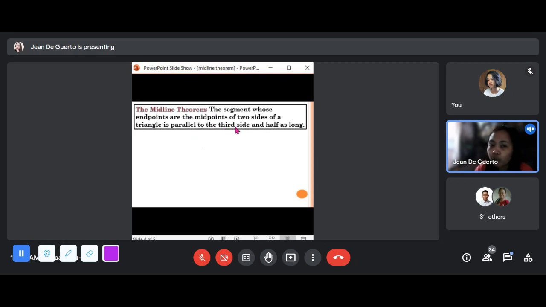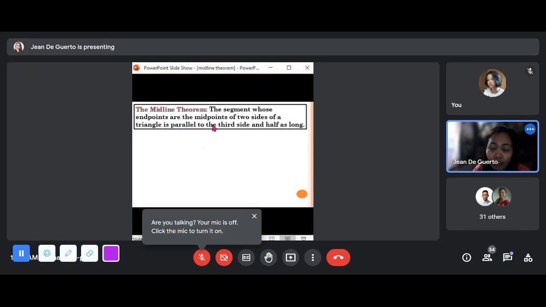Yung third side na tinutukoy dyan is yung side na hindi involved doon sa line, or it is not the side kung saan ina-identify yung midpoint nung dalawang sides ng triangle.